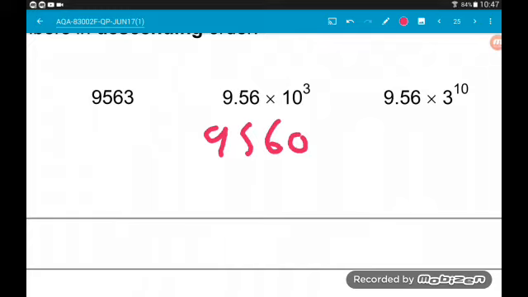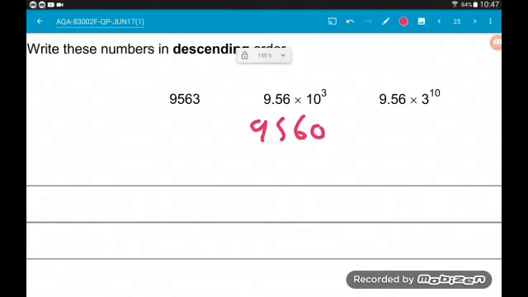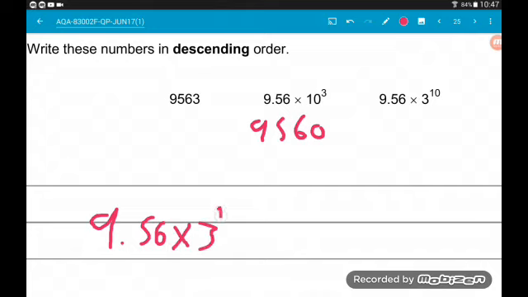9,563. So, our biggest chap is this 9.56 times 3 to the power of 10. That is saying 9.56 times 3, 10 times, so it's huge. So, that's our biggest. We can't even write that as a normal number.